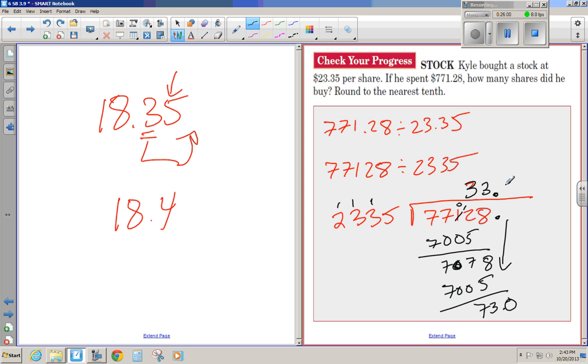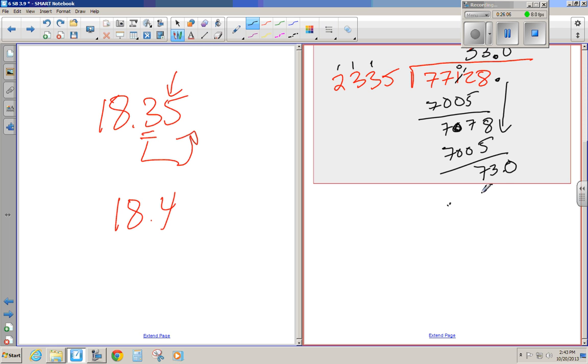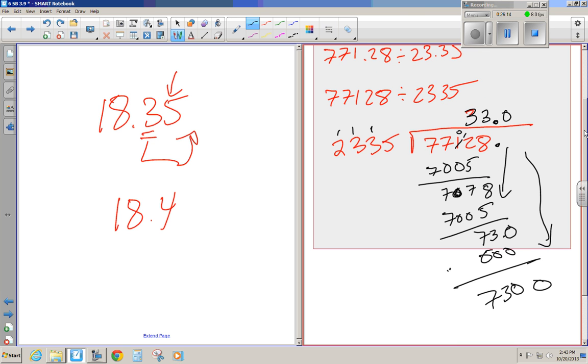So it goes in there 0 times. That's 730 again. Drop down a 0. Now it should be, once again, 3. So once I have this number, just for practice, it's 15, carry the 1, 10, carry the 1, 10, carry the 1, 6, 7.